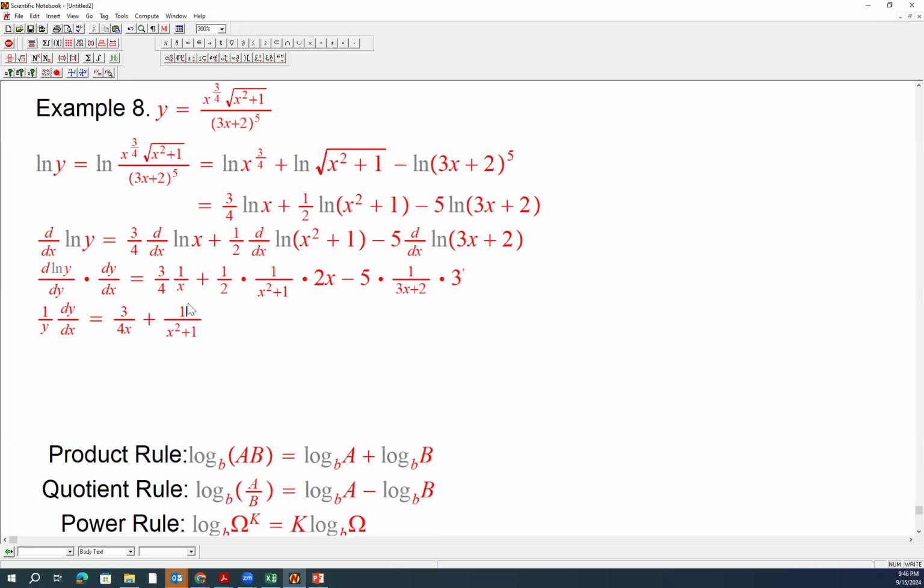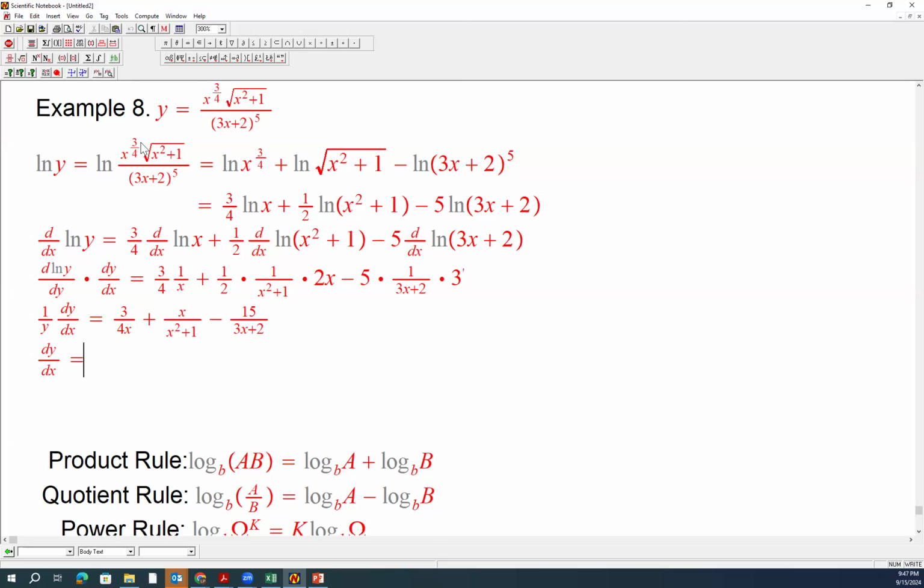Last, 3 times 5 is 15, so we get 15 over 3x plus 2. By this time, we can multiply y on both sides, so dy/dx will be solved: y multiplied by all of these.